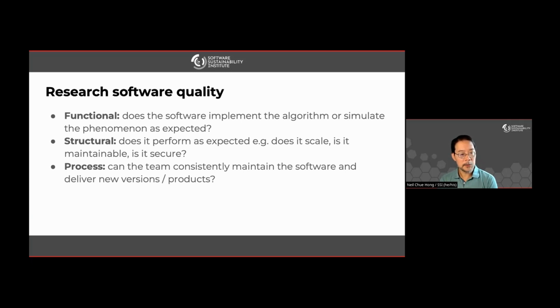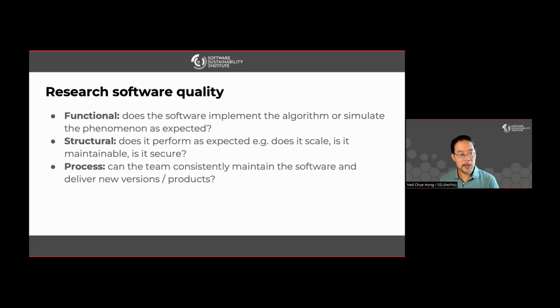And then in terms of the process, I think it's very much similar. Can the team consistently maintain the software and deliver new versions and products? Can it incorporate the different requirements and feature requests that are coming in from the community, and identify a way of best satisfying all of the requests that are coming in from a piece of software?